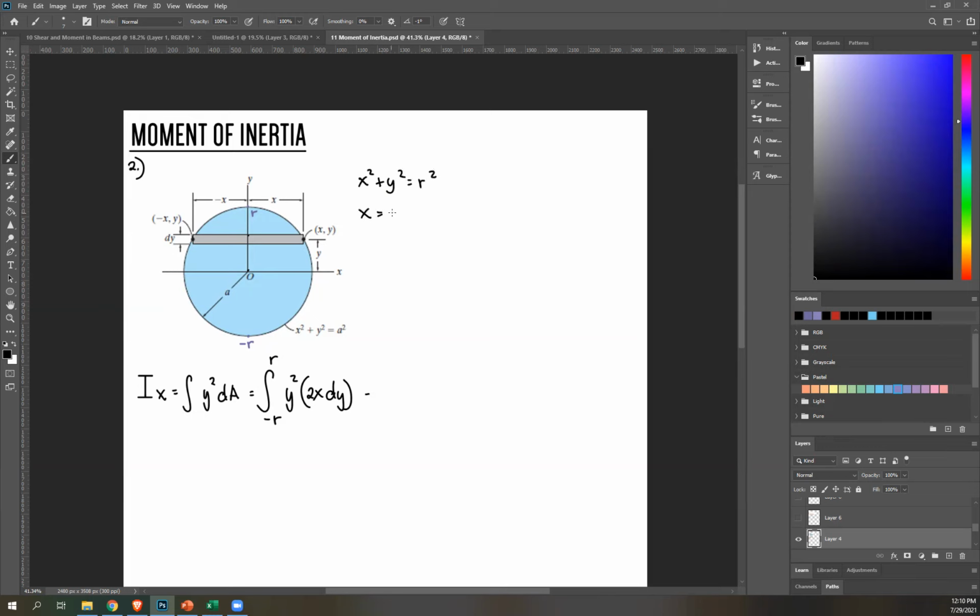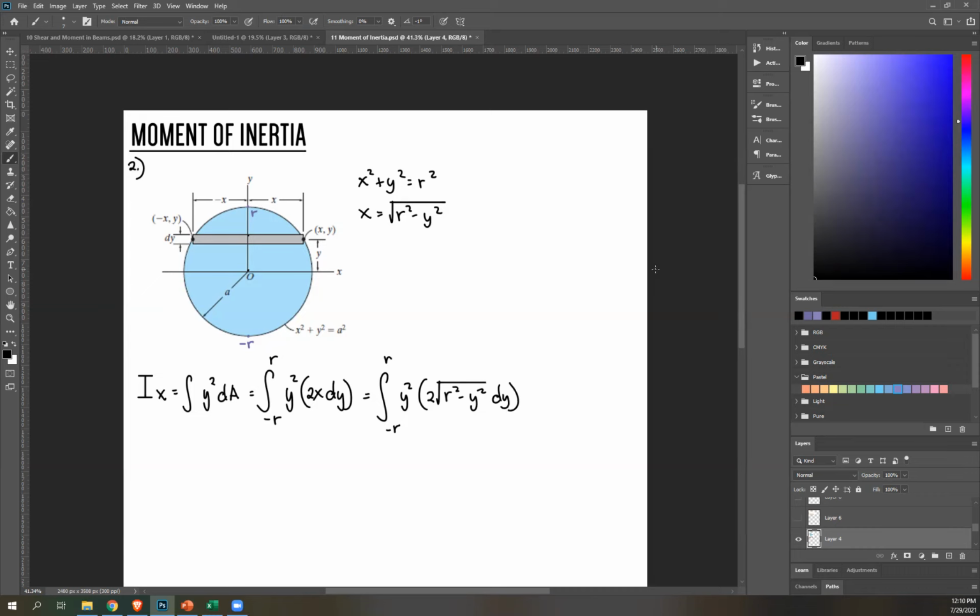Therefore, x is just the square root of r squared minus y squared. So let's sub that here. This becomes the integral of y squared times 2, and then x is just this, so sub that in, the square root of r squared minus y squared, and then dy.